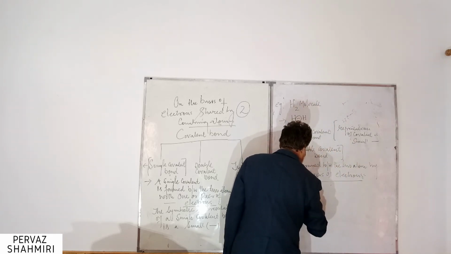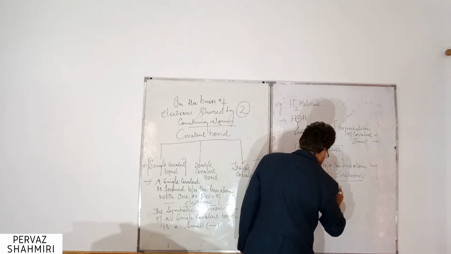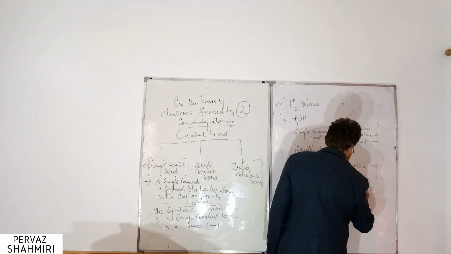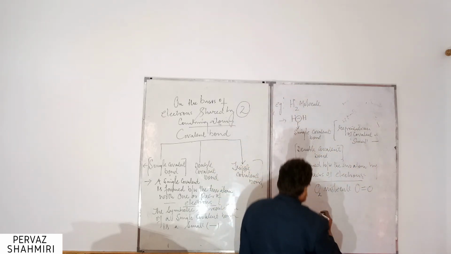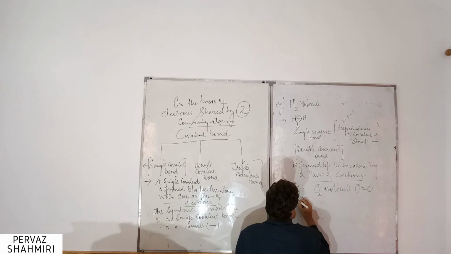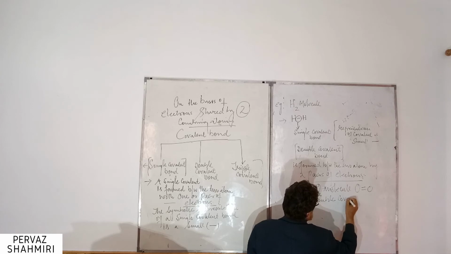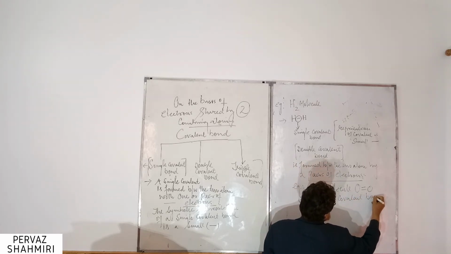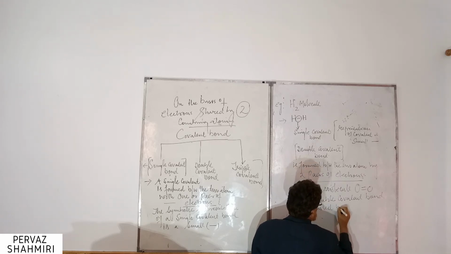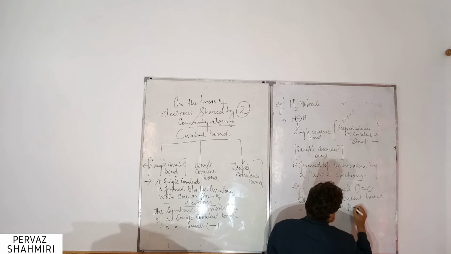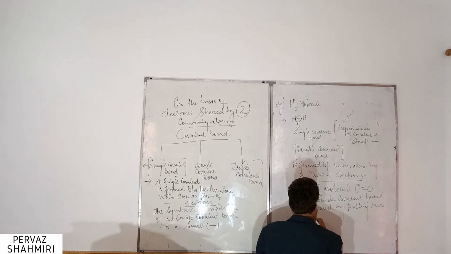For example, oxygen molecule, that is O double bond O, and this double covalent bond is denoted by putting two small lines.